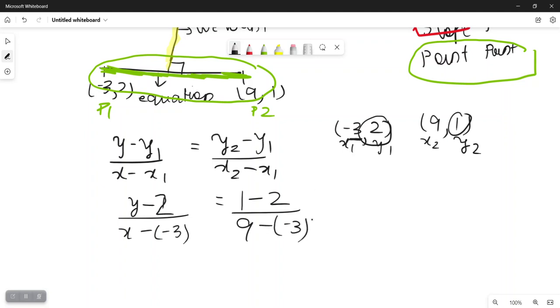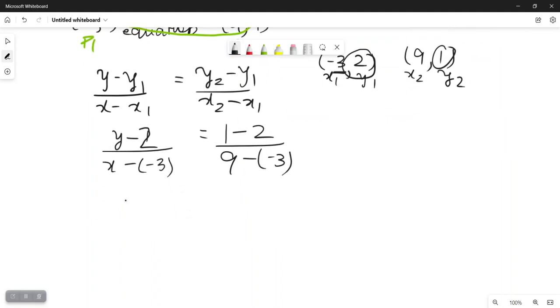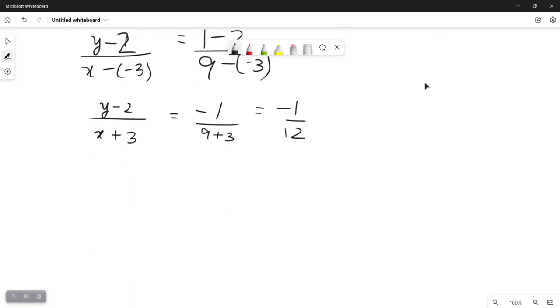So what we get, after working, is y minus 2 upon x plus 3 is equal to, what is 1 minus 2? It is minus 1. This is 9 plus 3, so minus 1 upon 12. So we are left with (y minus 2) upon (x plus 3) is equal to minus 1 upon 12.